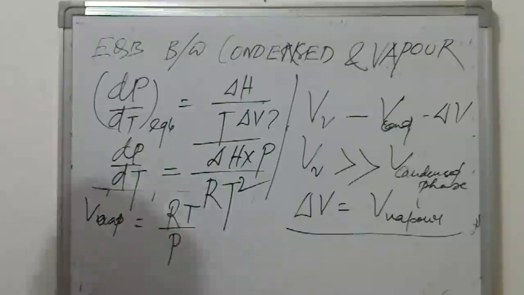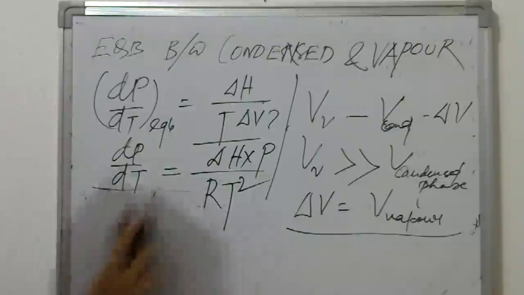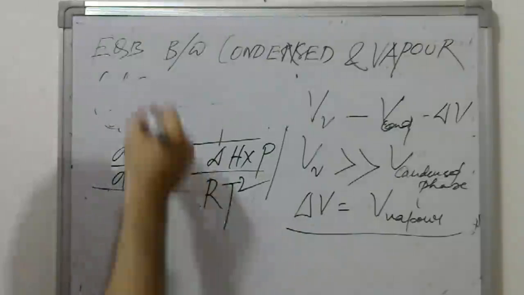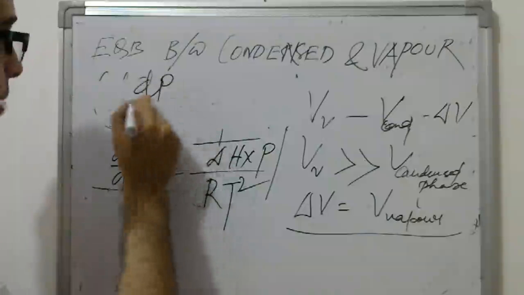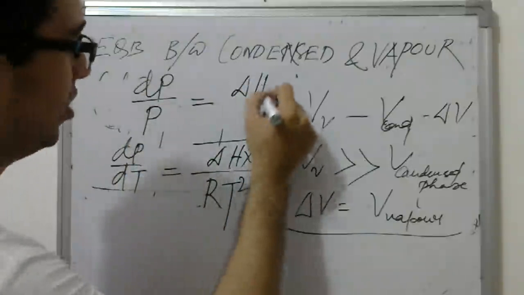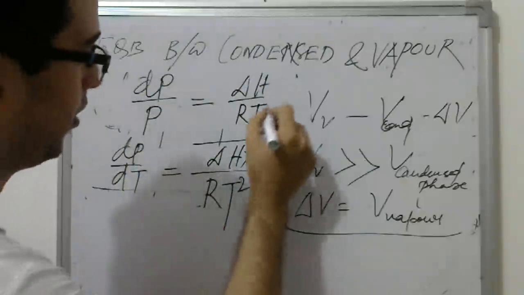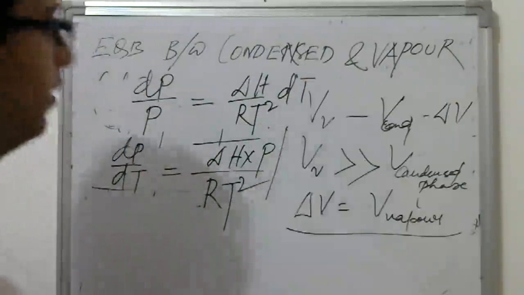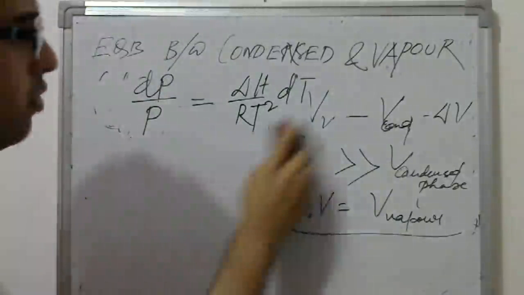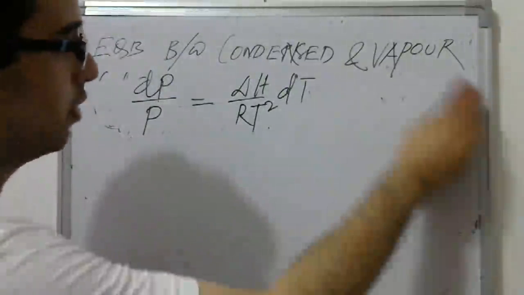So let's write it: dP by P is delta H by RT square dT. This is another form of the Clausius-Clapeyron equation. It's actually called the Clausius-Clapeyron equation.